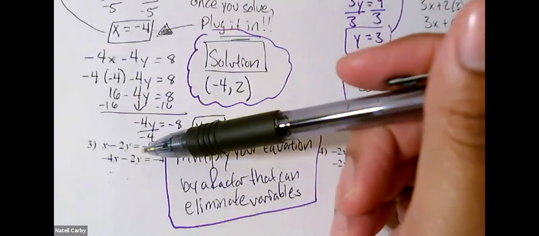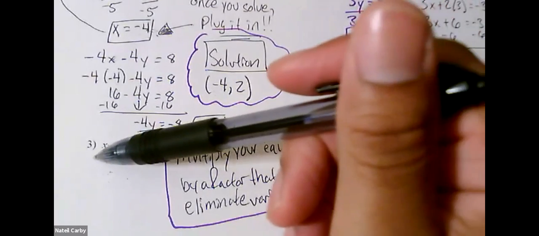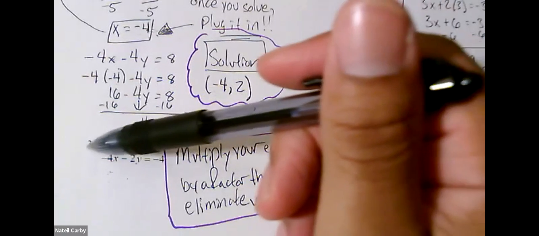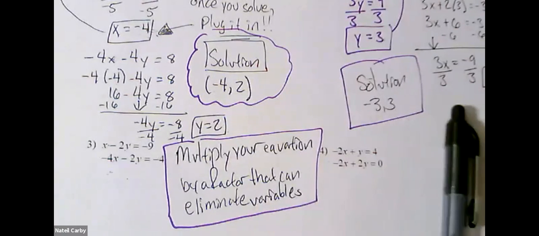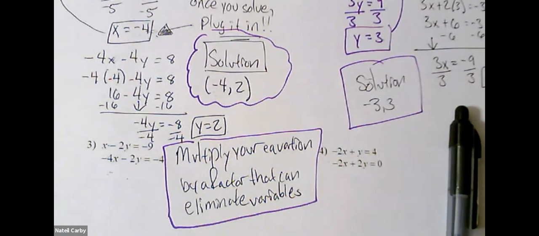But you need to think carefully. What is something I could multiply either the top equation or the bottom equation by? What factor could I use to multiply? Okay. So, like I said, it doesn't matter what factor you choose, right?